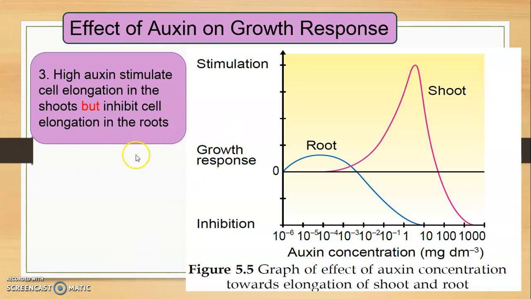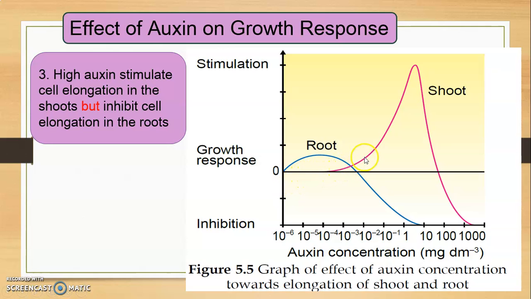As we can see from the graph here, the red line refers to the shoot. This one refers to the growth stimulation, and this one refers to the inhibition. This one refers to the auxin concentration, which becomes higher and higher.